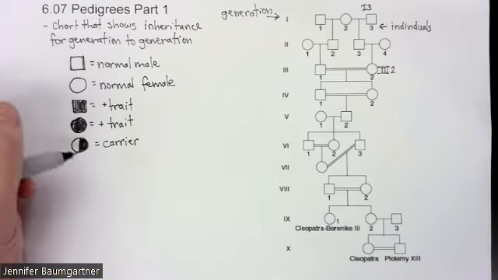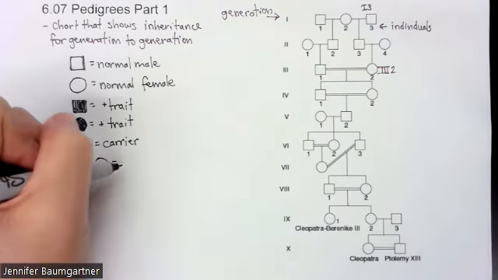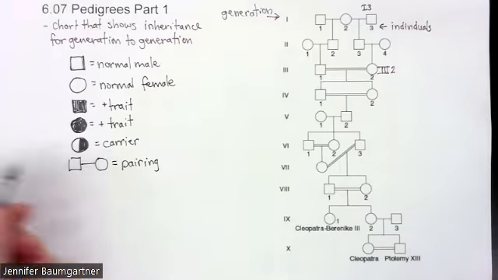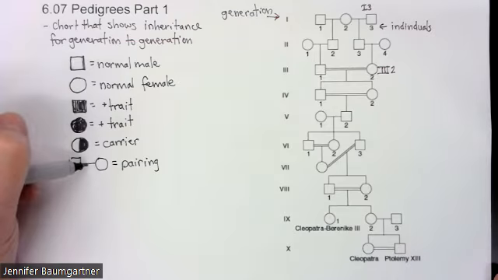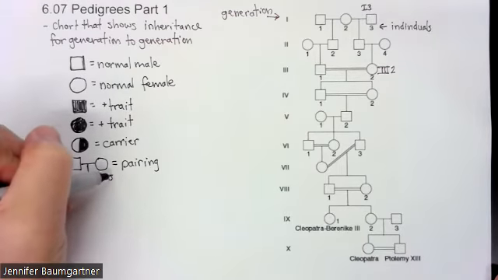If you see a male-female line, this represents a pairing or a marriage. Not every connection here is a marriage, but in some way they were connected. If there are lines coming down from a marriage, this represents offspring.